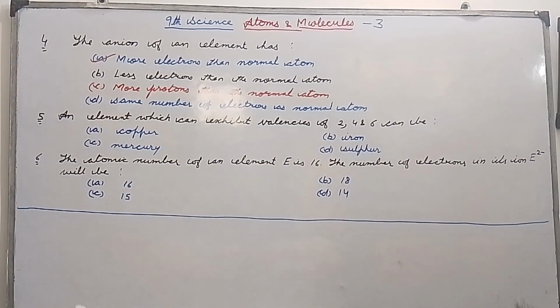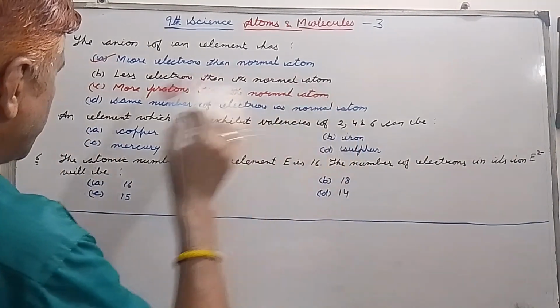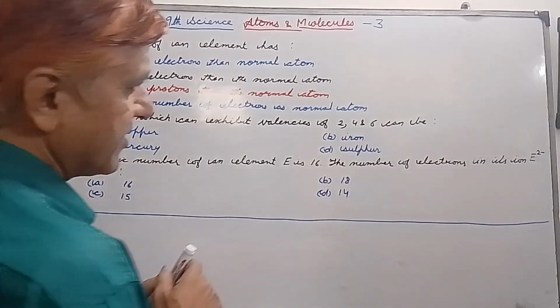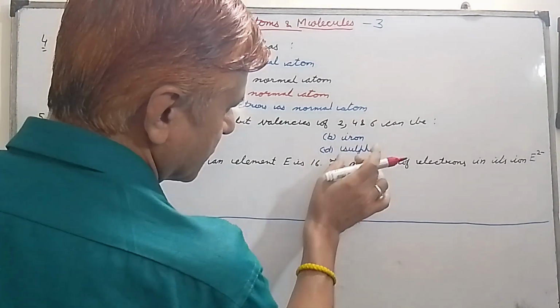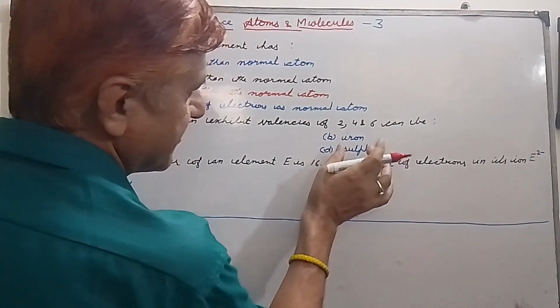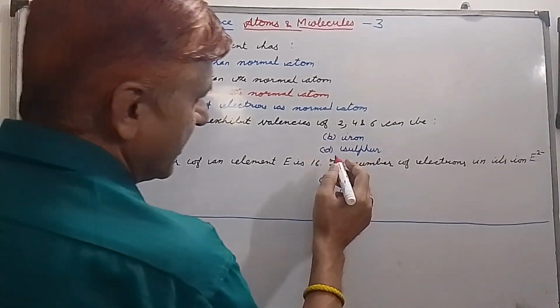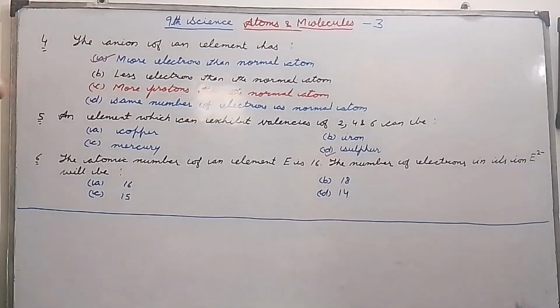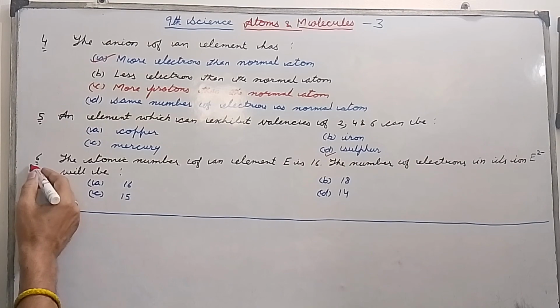So here copper, iron and mercury, these are metals, and D is sulfur, that is non-metal. So it can exhibit these 3 valencies. So D is the correct option. So please remember this.